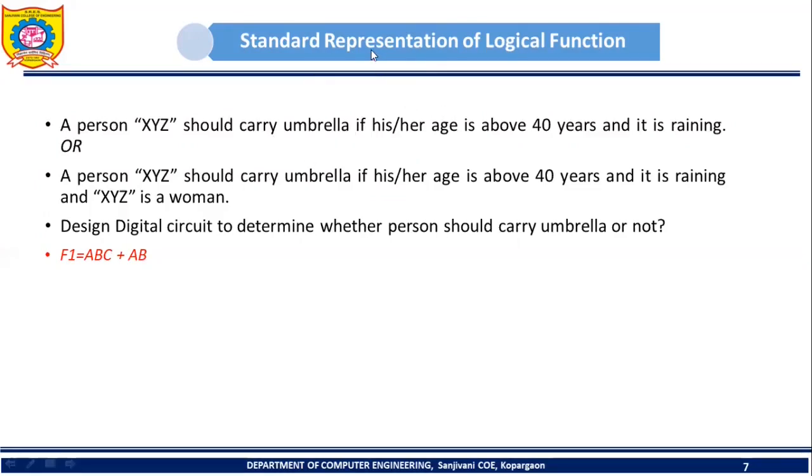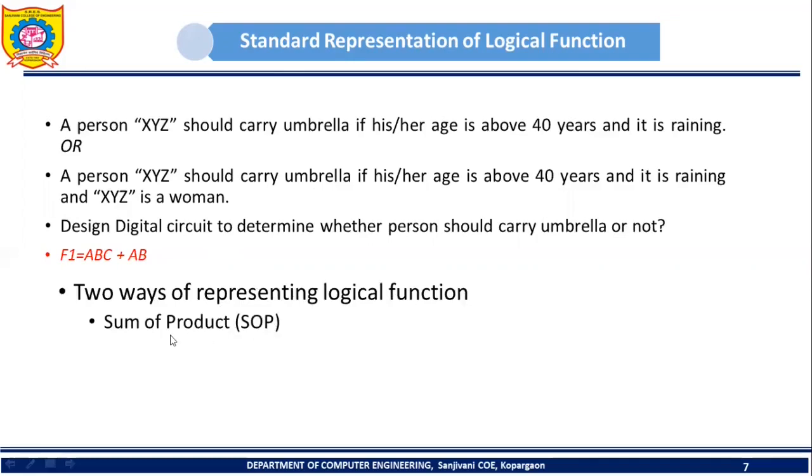Now the question is how we can write this logical function. There are some standard representations of a logical function, and we are going to see those. There are two standard ways of representing a logical function. The first one is called sum of product, or in short, SOP.